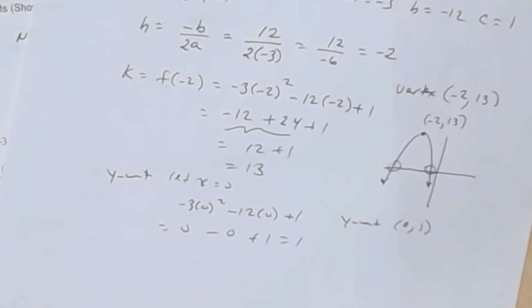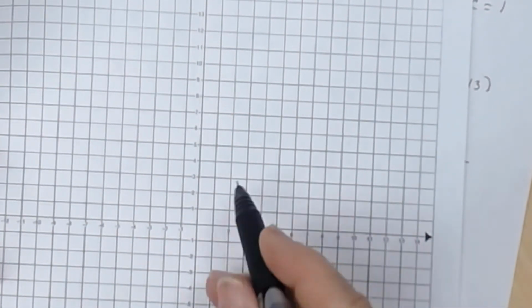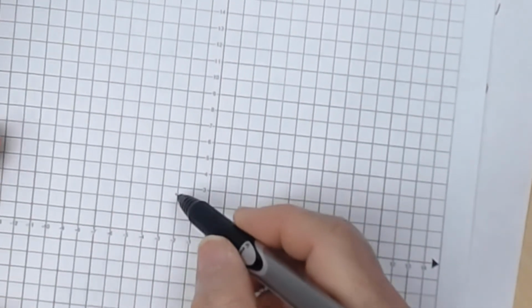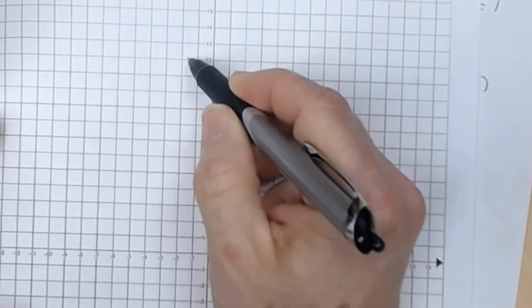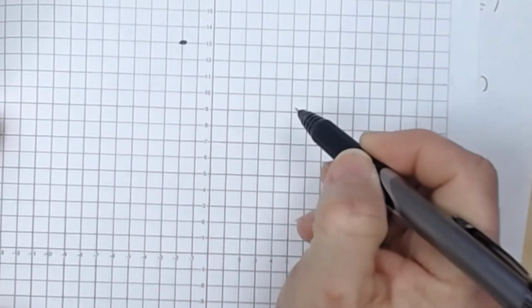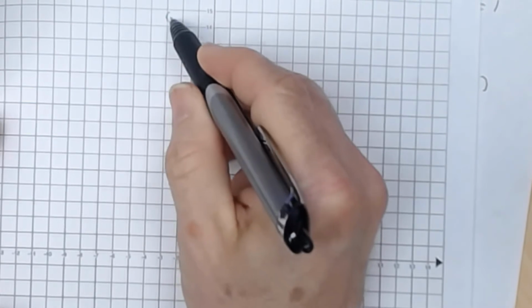Let's use this one. So far, this is what I know. And I know you can't see this very well. So my vertex is (negative 2, 13). So (negative 2, 13) is right here. So there's your vertex. Okay?